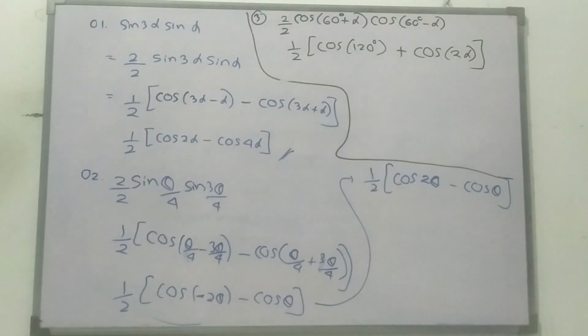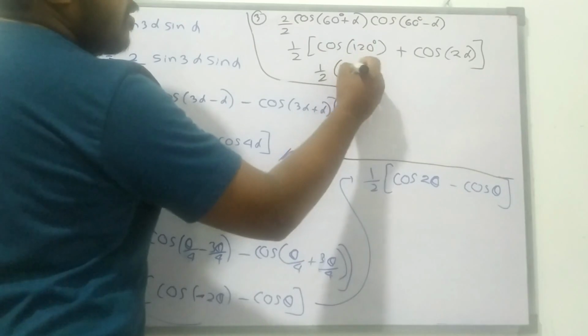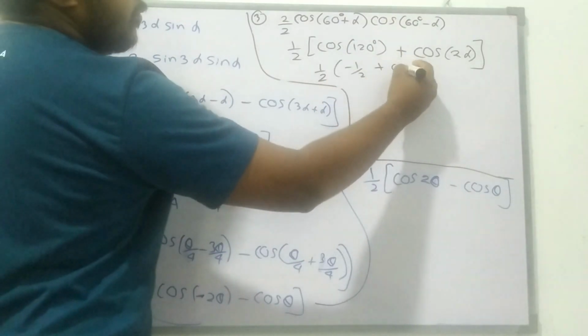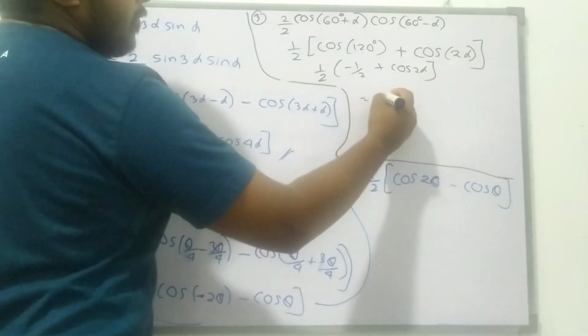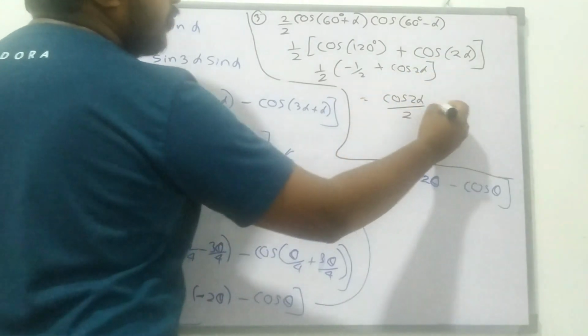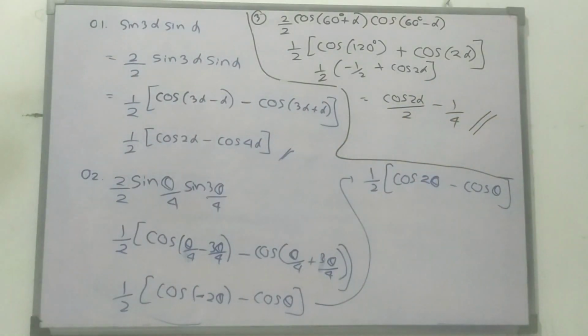Cos 120 means minus half, no? This is minus half plus cos 2 alpha. Then it's cos 2 alpha divided by 2 minus 1 by 4. This is the answer of the third example. So hope now you are okay with this one.